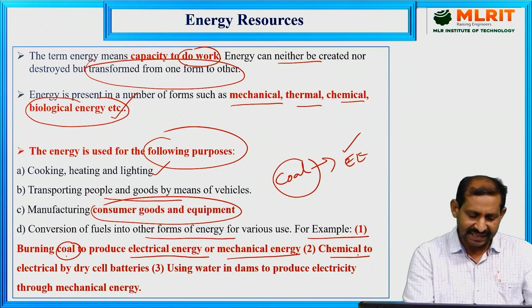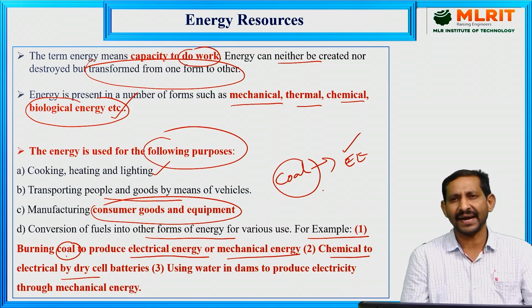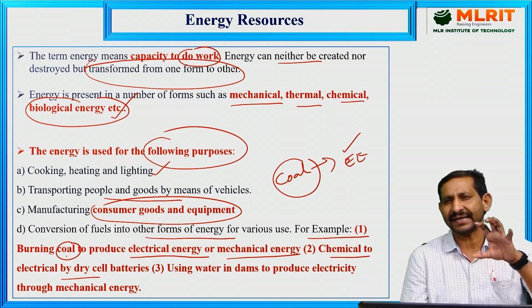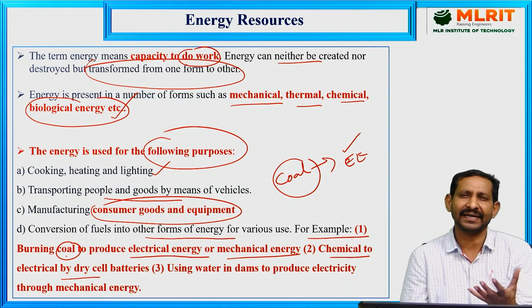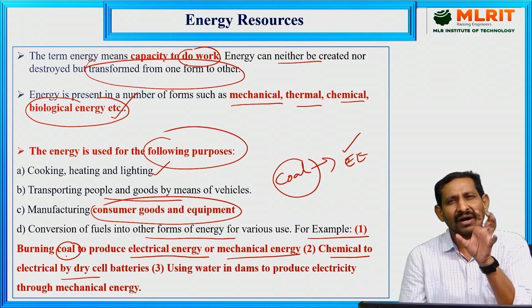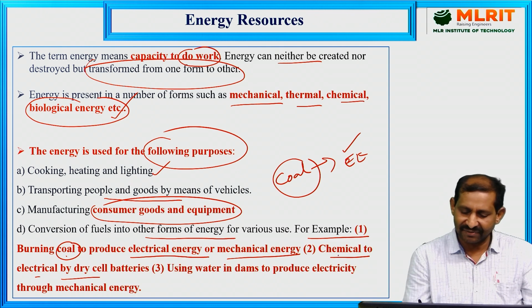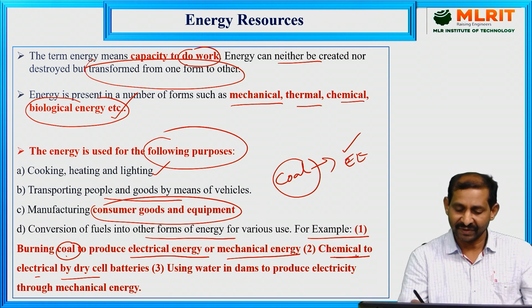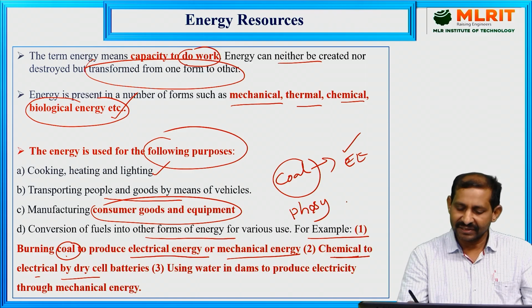Another one is chemical energy to electrical energy. The best example is batteries. Batteries contain stored chemical energy in the different chemicals used. For example, take the lead acid battery: here the principle is that chemical energy is converted to electrical energy. Another example is photosynthesis in plants, where solar energy is converted to chemical energy.